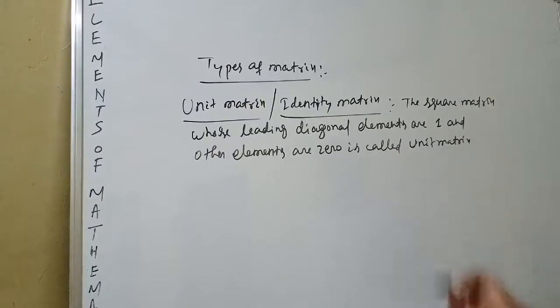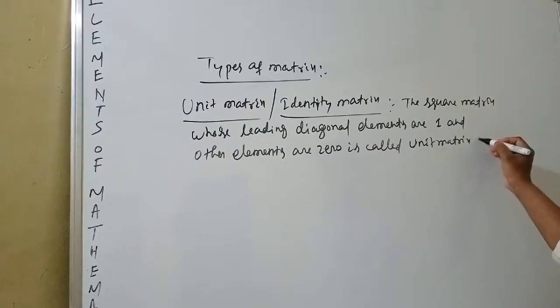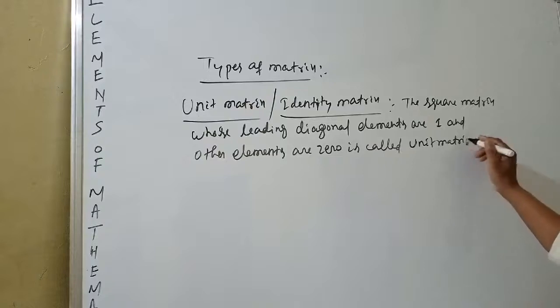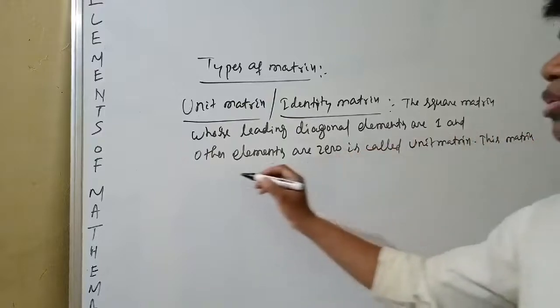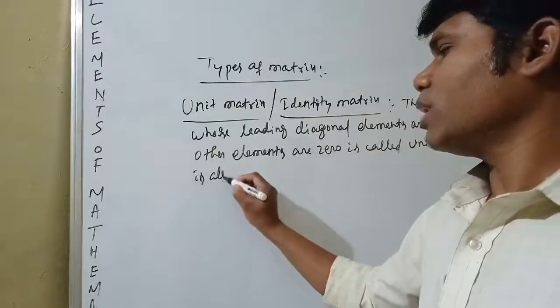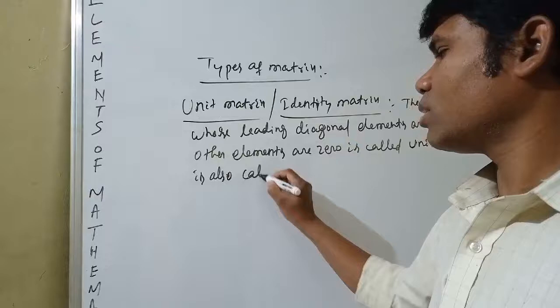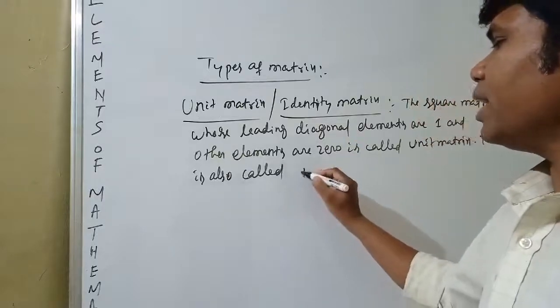The other name of the unit matrix is the identity matrix. This matrix is also called the identity matrix.